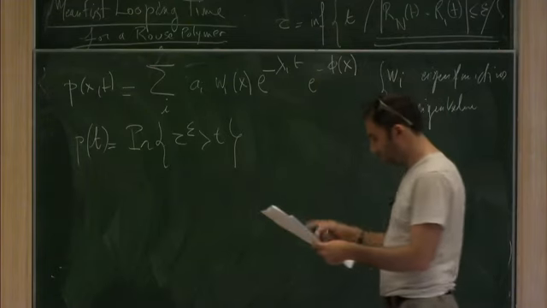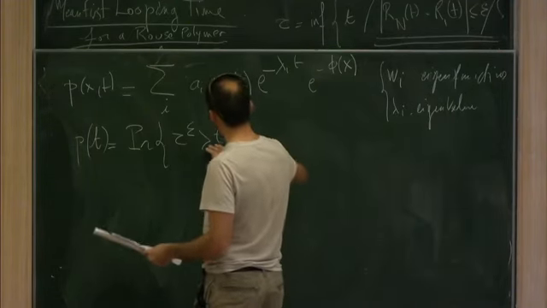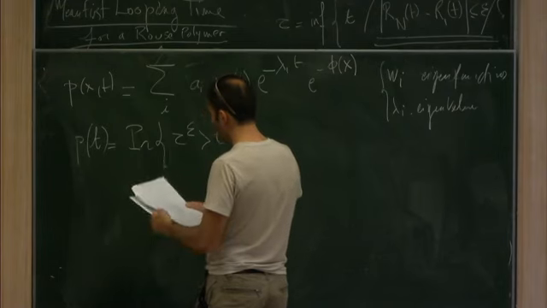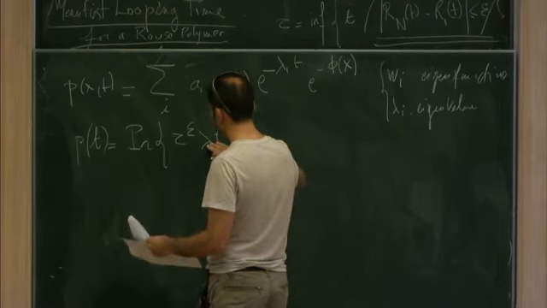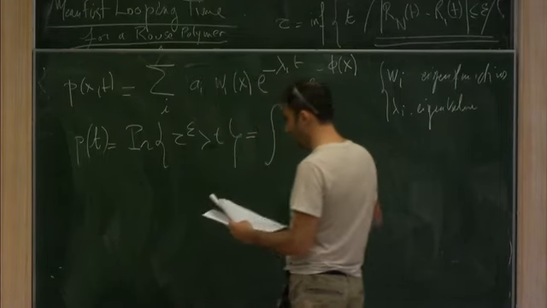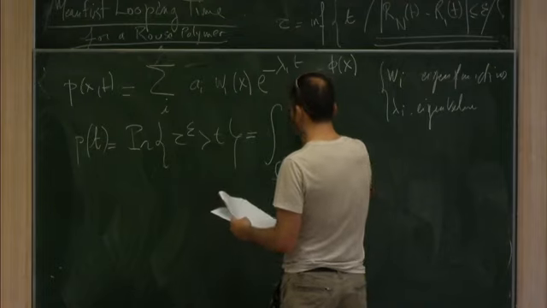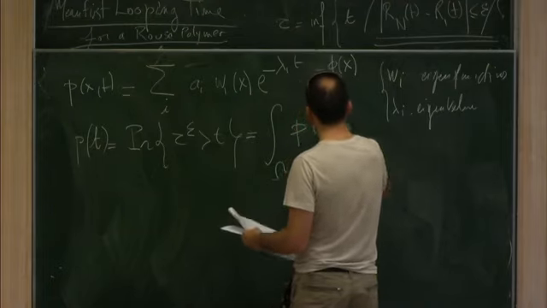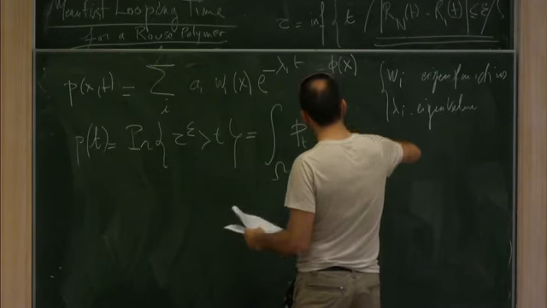Let's think. This is a probability that you're still in the domain at time t. So this is the integration over omega_epsilon of the probability distribution function p_x(t) dx.